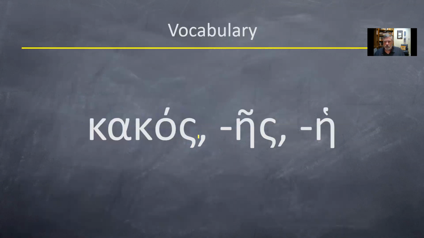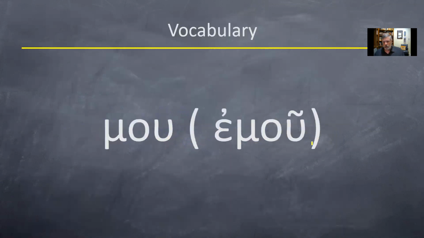Now this is a little bit different because even though it is a first declension feminine noun, it has an iota alpha stem, with the genitive alpha sigma, and then he for the feminine article associated with it. Mou means my, and there's emou, which we had earlier, meaning my, or in the substantival, meaning mine. But here it's just my, mou.